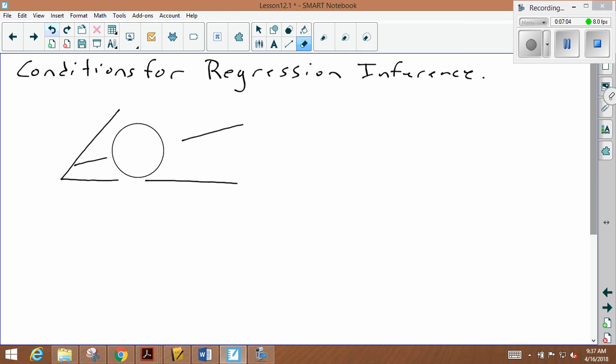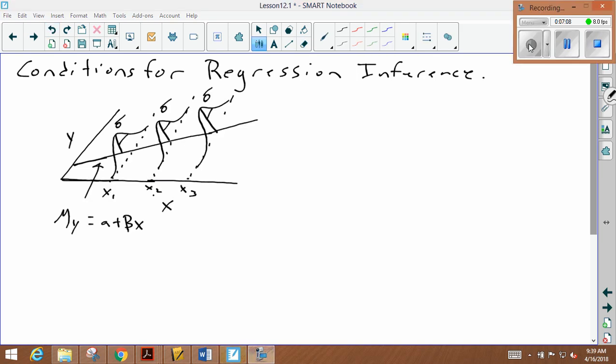And I'm not doing a good job of this picture. All right, so this is an interesting picture. It's kind of weird. It's three-dimensional, right? Imagine you have an XY coordinate plane, and then sticking up out of it is a normal distribution. That's what that's supposed to look like, okay?